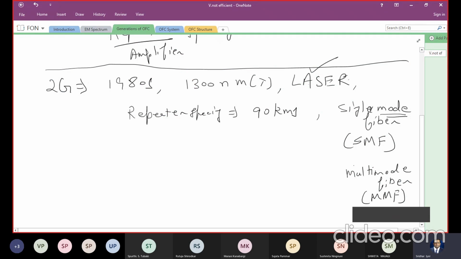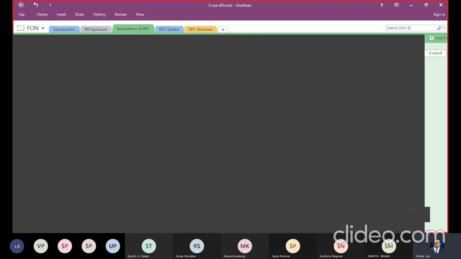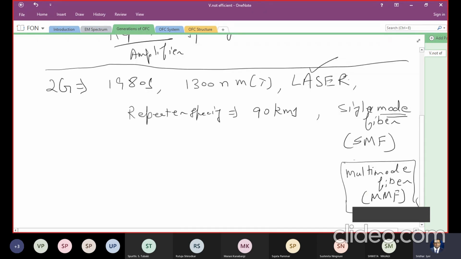However, many will not know why this is the case. So in module 1, we'll see why multi-mode fiber is used only for short distance, whereas single mode fiber can be used for longer distance. This multi-mode fiber was just for your information right now. So basically, we used the single mode fiber in the second generation.